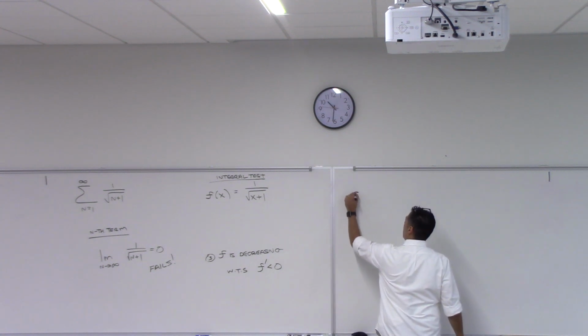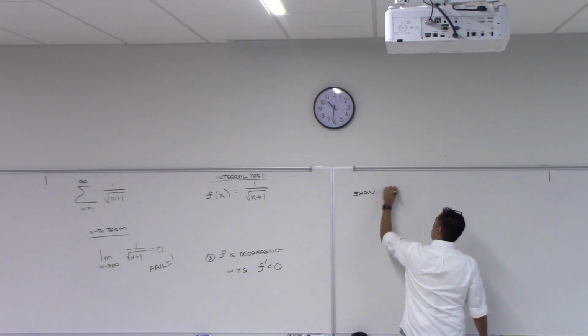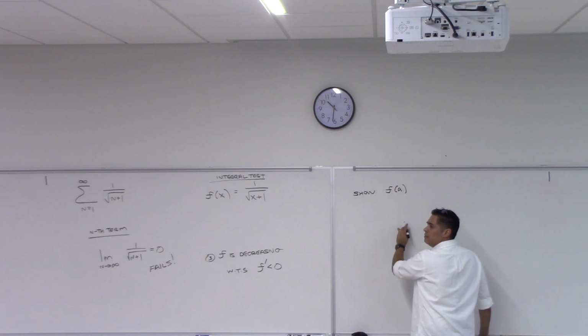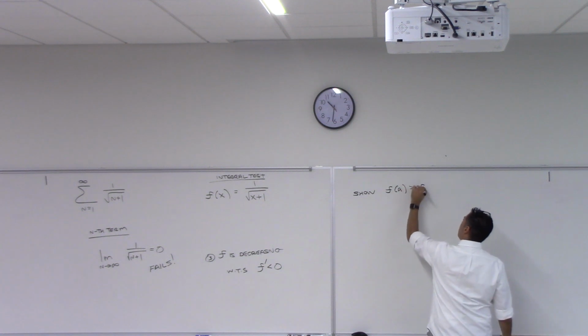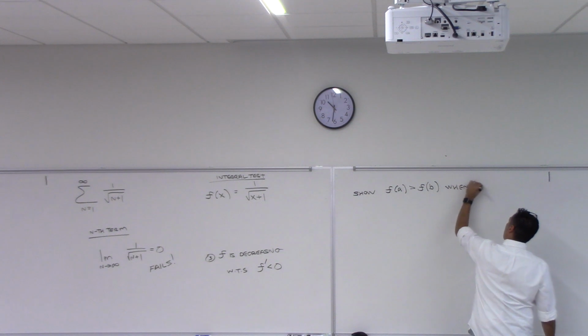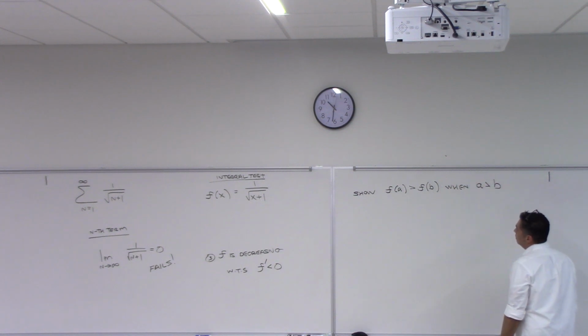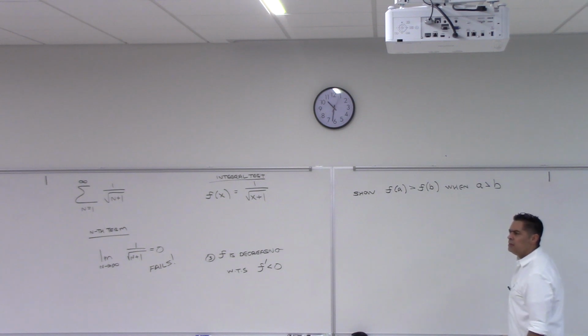Show that f of a is bigger than f of b when a is bigger than b. Sorry, hold on. That's not right.